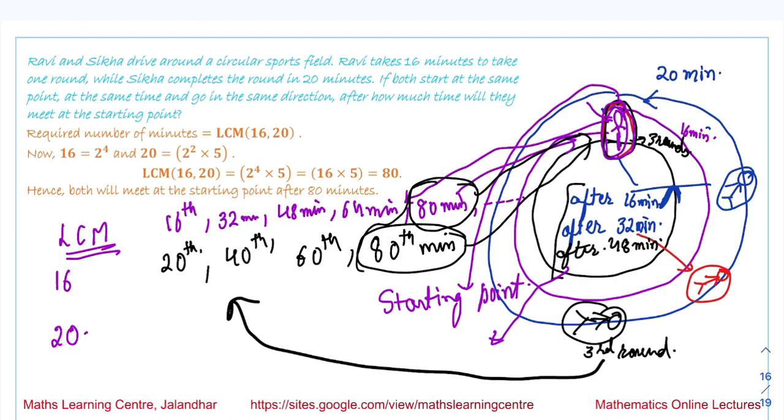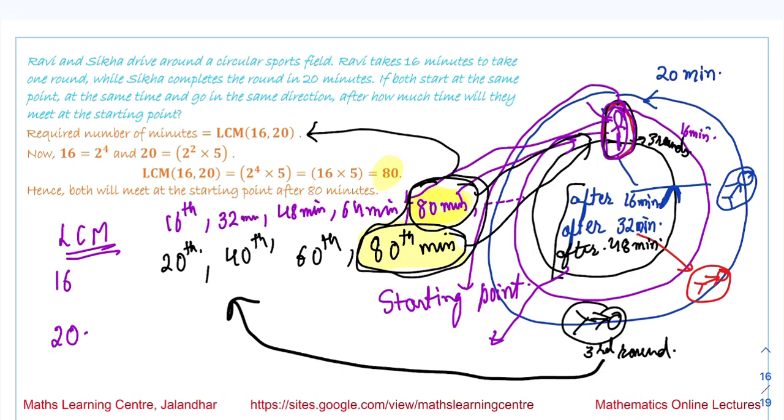And this 80 is basically the LCM of both these values. So we are saying that the required number of minutes is LCM of 16 and 20, and the answer is 80. This is the manual way to calculate. I am just telling you what this 80 is representing.